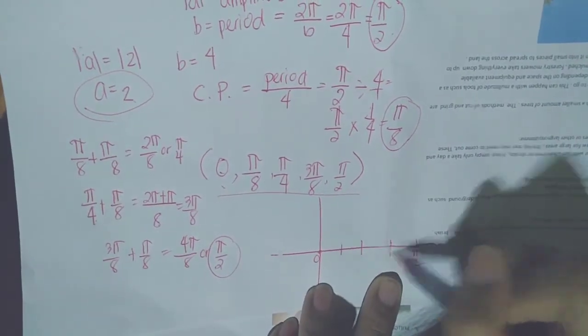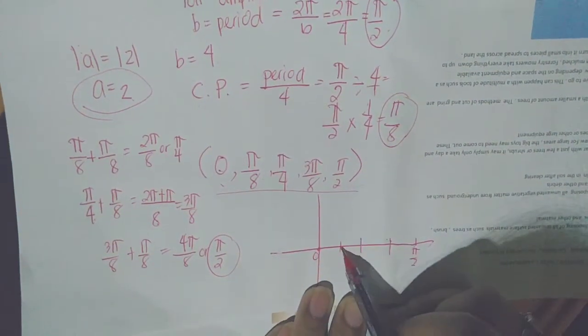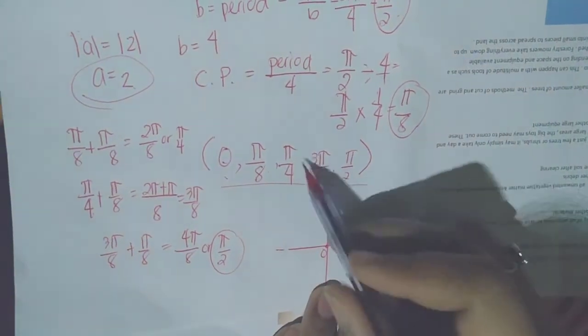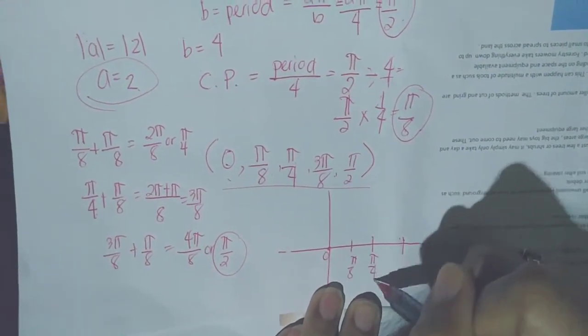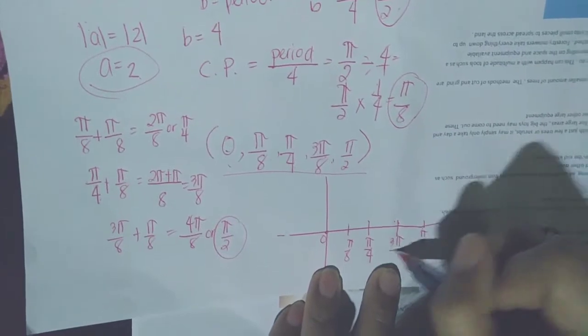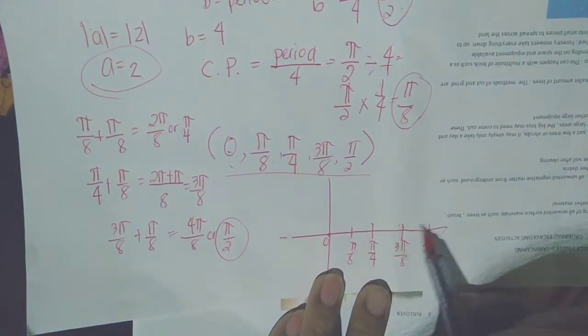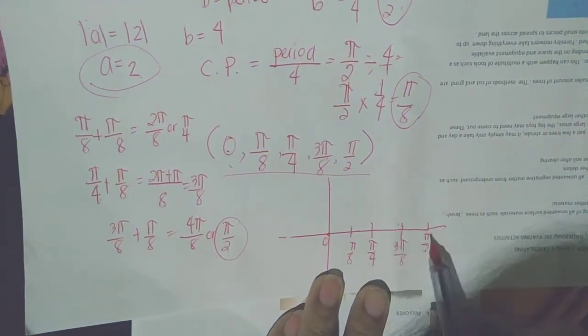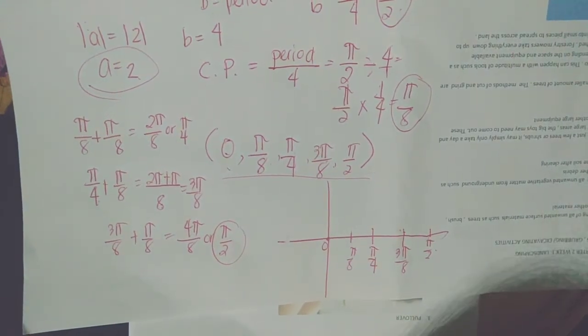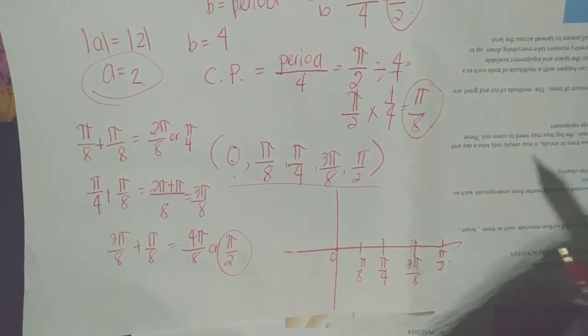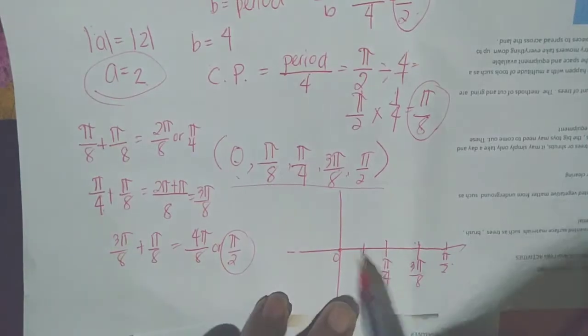So 1, 2, 3, 4. So 0, pi over 8, pi over 4, 3 pi over 8, then pi over 2. So it is divided into 4 parts.